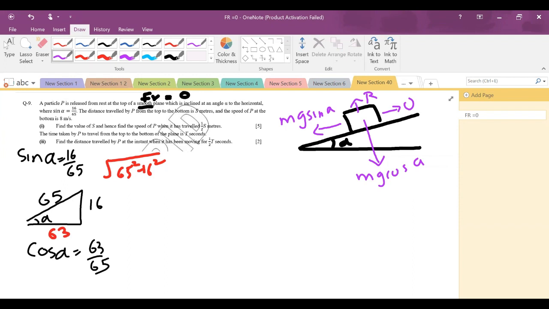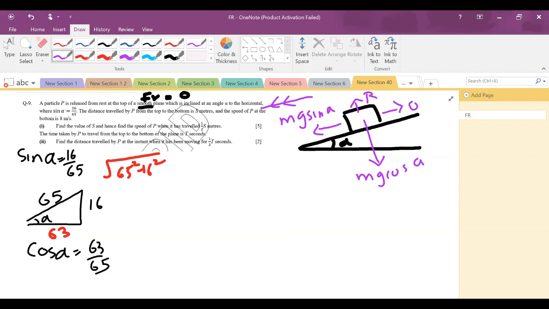Oh, no, it's coming down actually. It's coming down the plane. So the double arrows would be pointing down the plane. Okay, so the backward force is actually 0 because the friction is 0 since the plane is smooth.